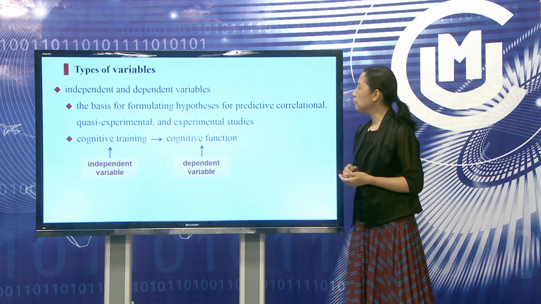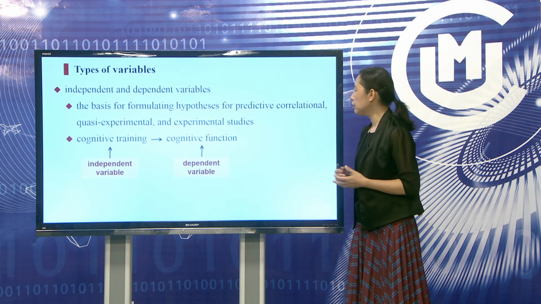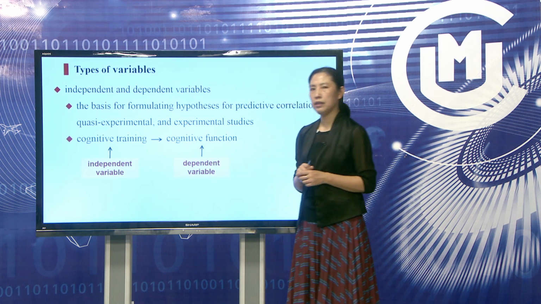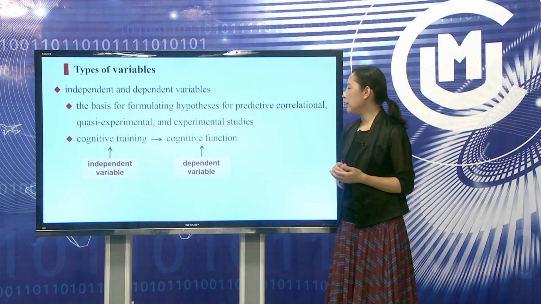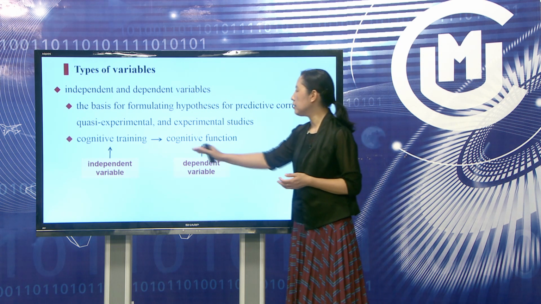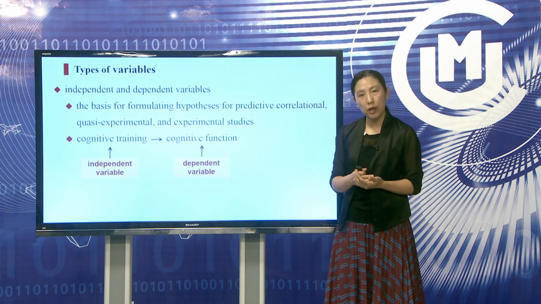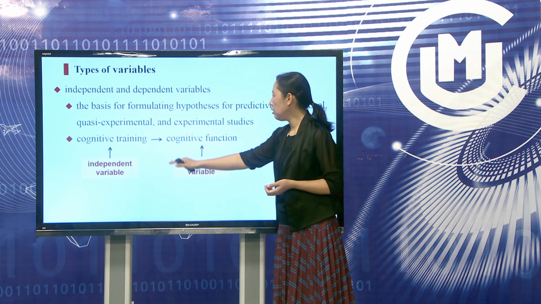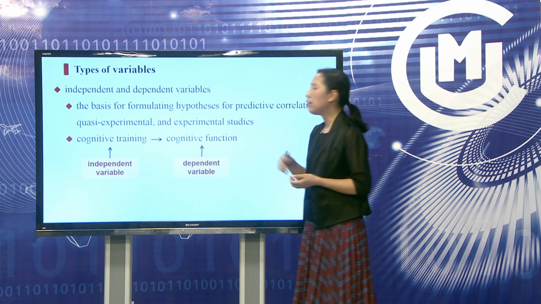I will give you a very simple example. In my research area, we are going to train the elders for their cognitive function. We use a computer-based cognitive training intervention, to look at if this training can increase or maintain the elders' cognitive function.